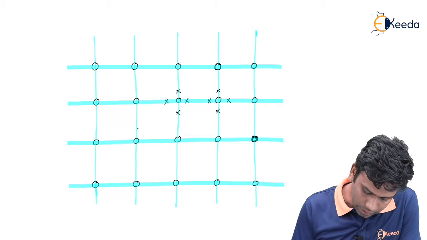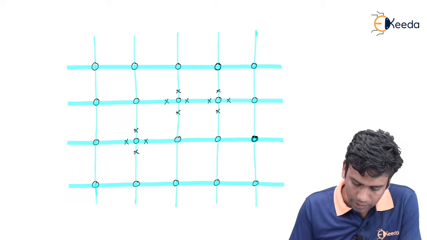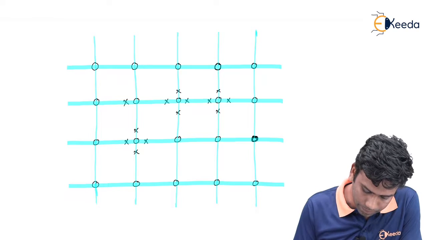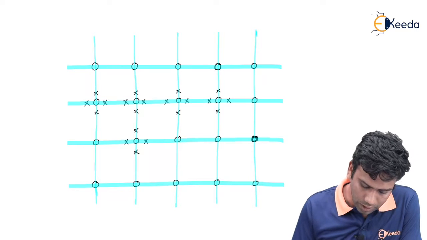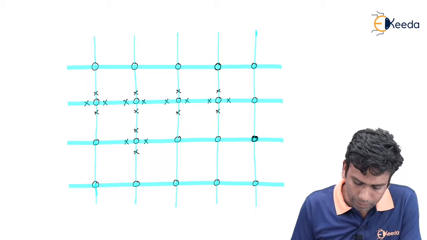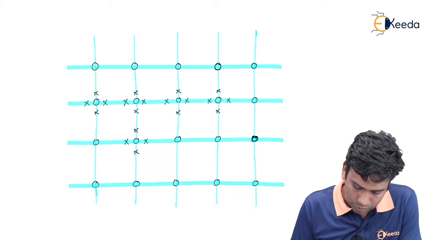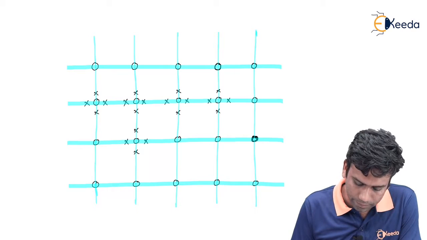Similarly, here there will be 4 valence electrons, and this atom of silicon will also have 4 valence electrons, and this atom will also have 4 valence electrons. So in every covalent bond there are 2 valence electrons in the sharing mode. All this comes from the bond model of the semiconductor.